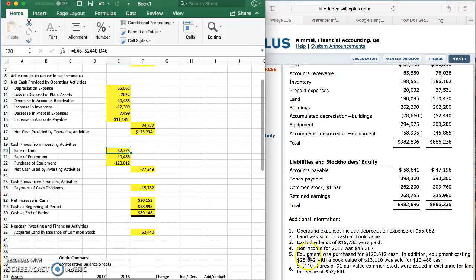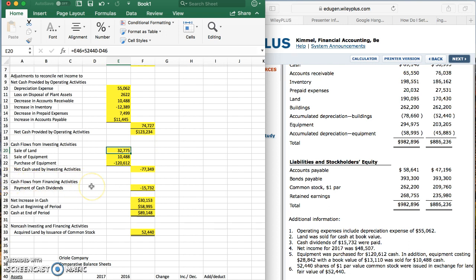Then we also purchased some equipment, $120,612 cash. And so we subtract that, and if we add those together, we get the net cash used by investing activities to be negative $77,349. And when we add that value to our net cash provided by operating activities, we get, well, let's not do that yet.